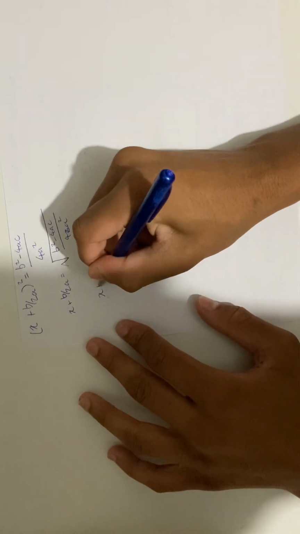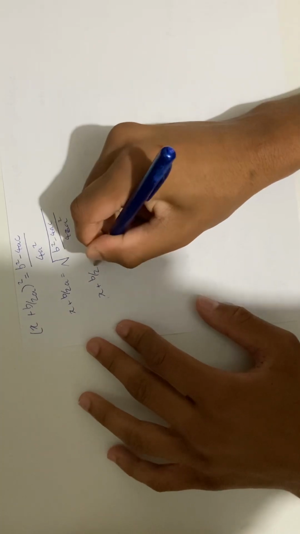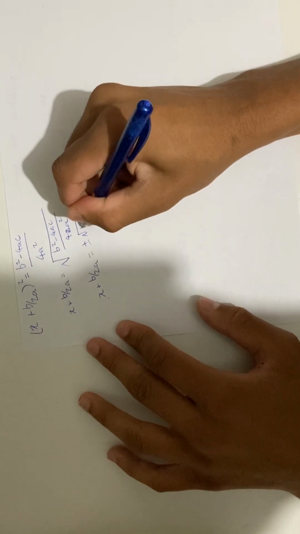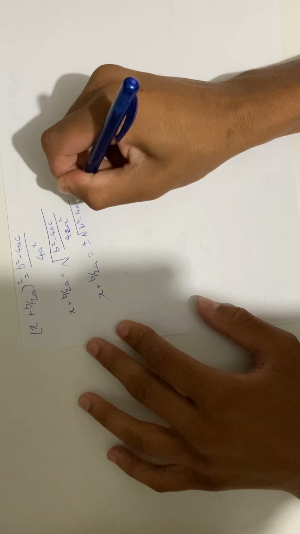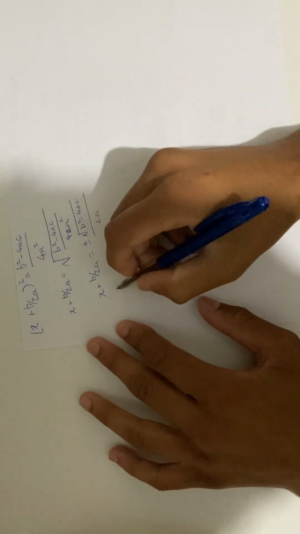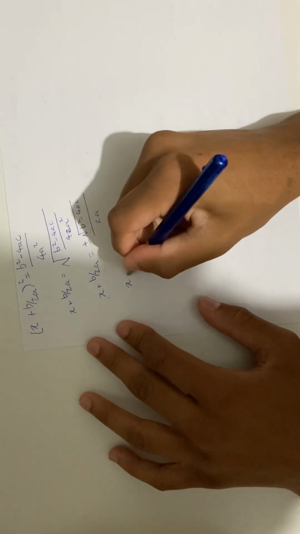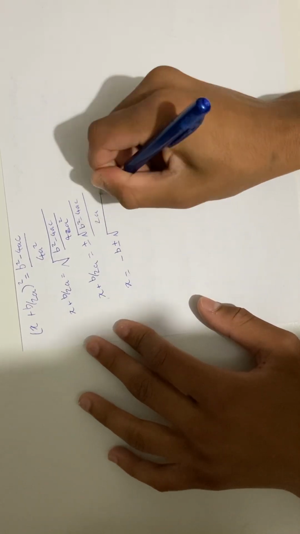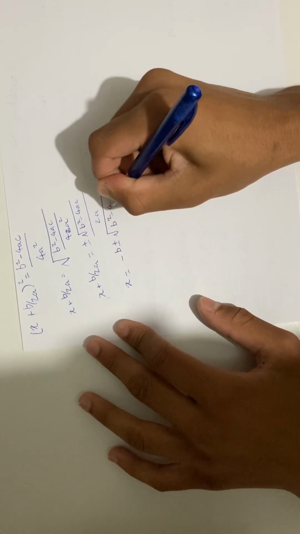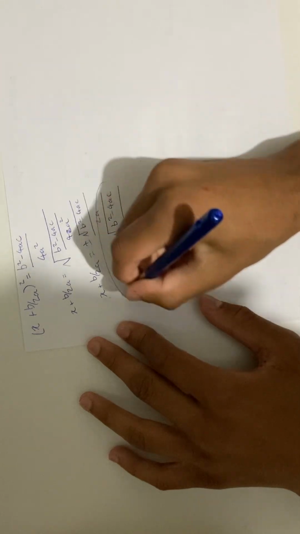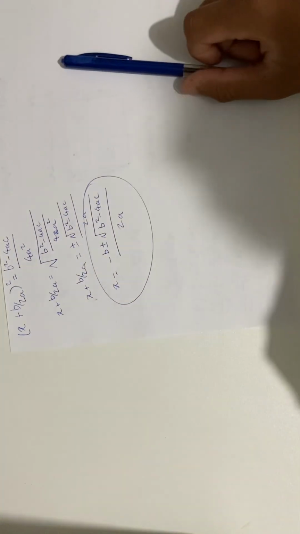Now, this can be rewritten as x plus b over 2a is equal to plus or minus the square root of b squared minus 4ac divided by 2a. And to get x by itself, we have to subtract b over 2a. So x is equal to minus b plus or minus square root b squared minus 4ac divided by 2a. So here we have the quadratic formula.